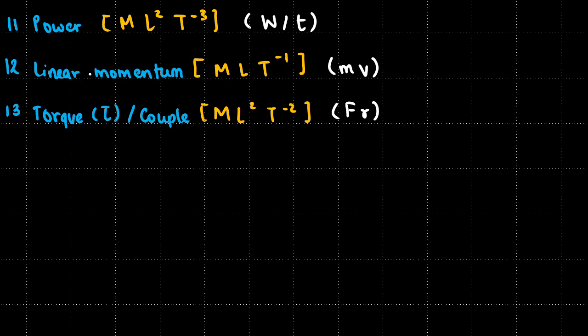Also, I think I said linear momentum was an axial vector. I may be wrong. Let me check real quick. Okay, I just checked it. Yes, I was wrong. Linear momentum is a polar vector because it's occurring linearly. Polar vector, we will talk about them in the vector chapter.